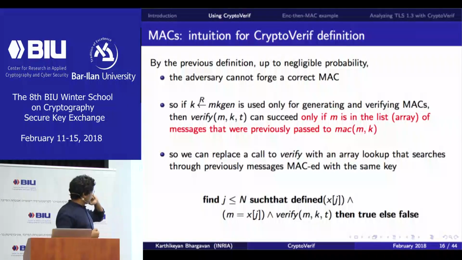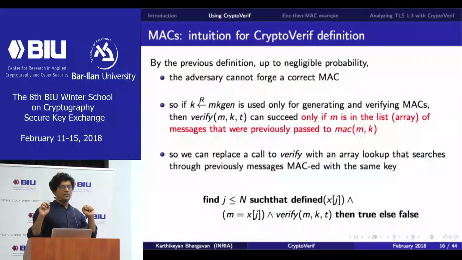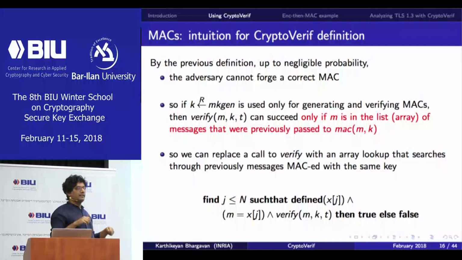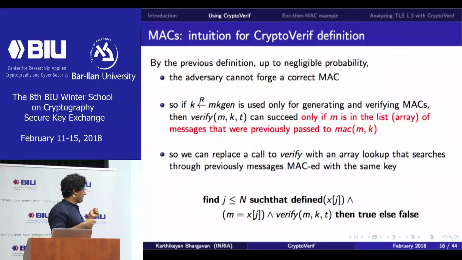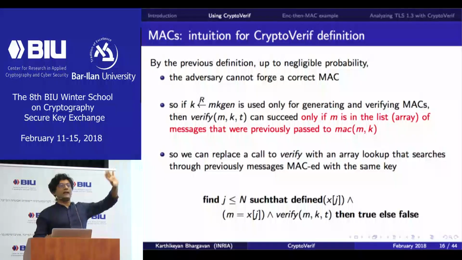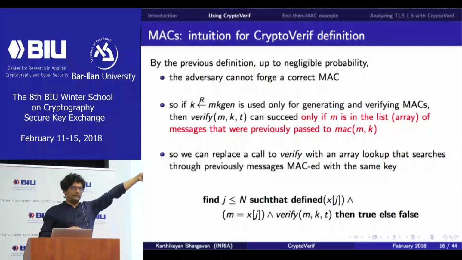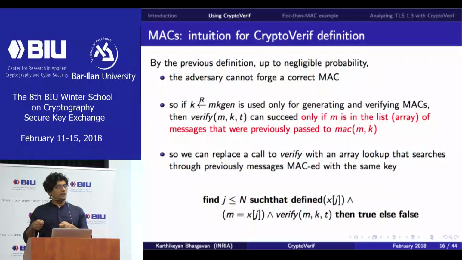So for example, at the bottom there is an expression called find, where what you can say is, when you want to verify a MAC, instead of actually doing verify, you can replace the verification by something like that, which is going to say: go find me a session of the MACking oracle where the value I'm trying to verify was exactly the one that was MACked there, and if you find such a session, then you run the verification of the MAC, and then you tell me whether that succeeded or not.